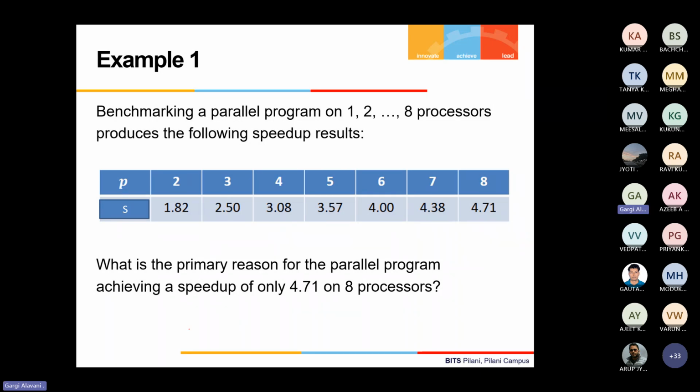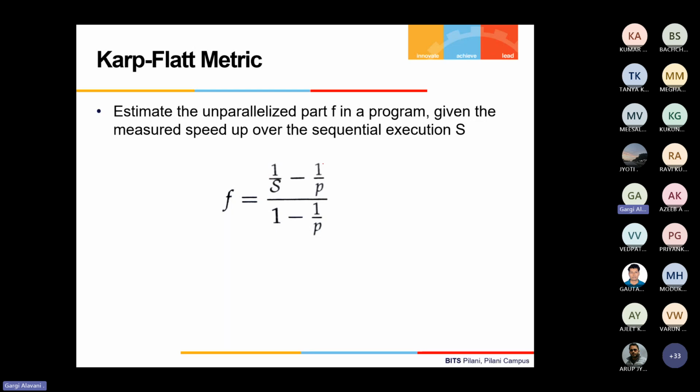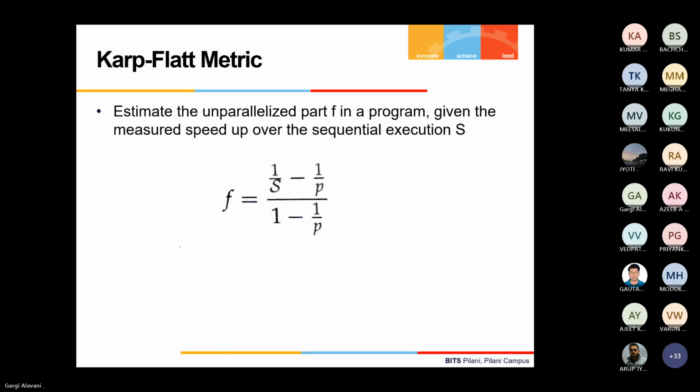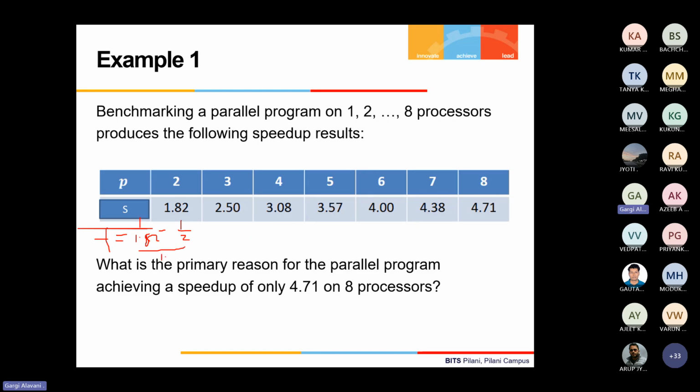The formula is F is equal to 1 by S minus 1 by P, divided by 1 minus 1 by P. So F here will be 1 by 1.82 minus 1 by 2, divided by 1 minus 1 by 2. Calculate this value for each of these.